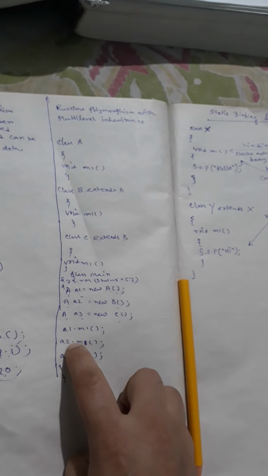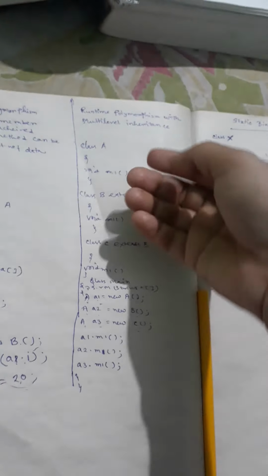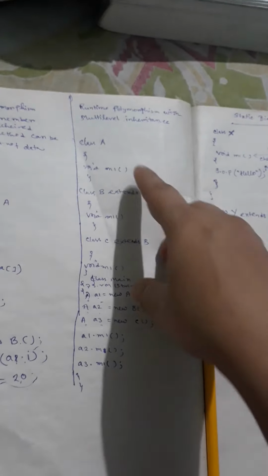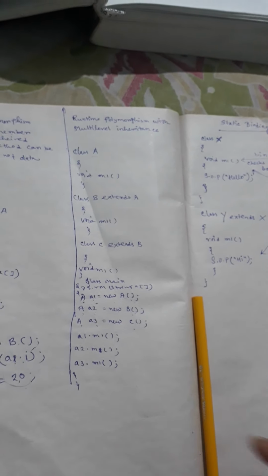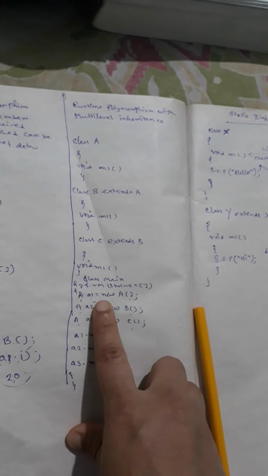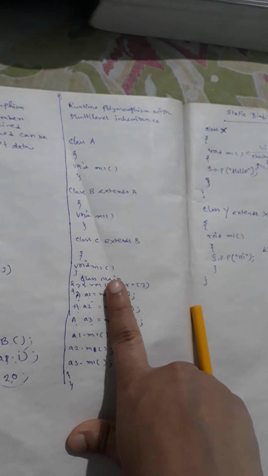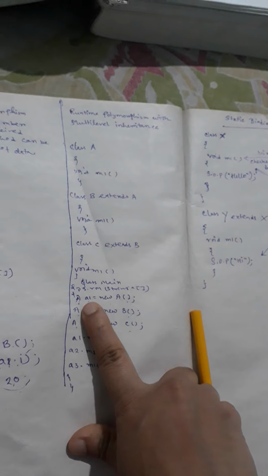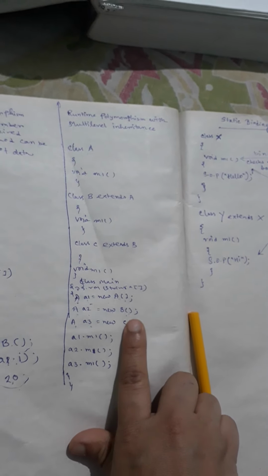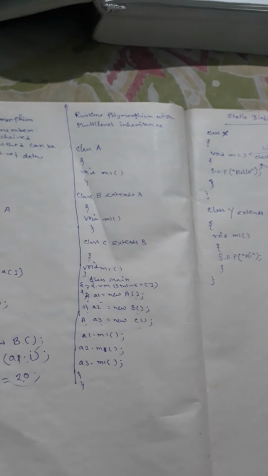So using the object, a method will be called and the method has the same name. So it is the concept of overriding, and this happens at runtime because before creating these we don't know a1 is the object of which class, a2 the object of which class, a3 the object of which class. It happens at runtime.